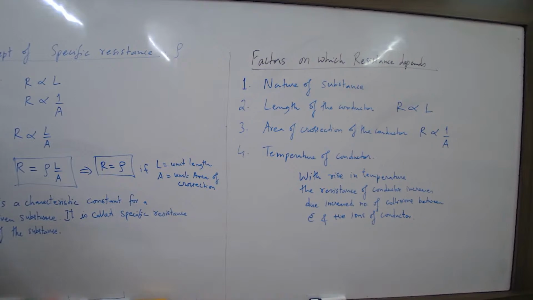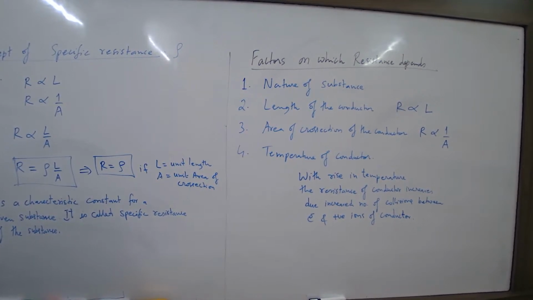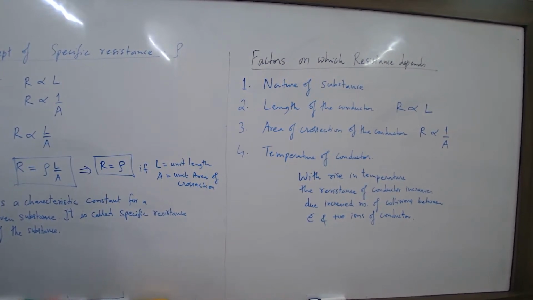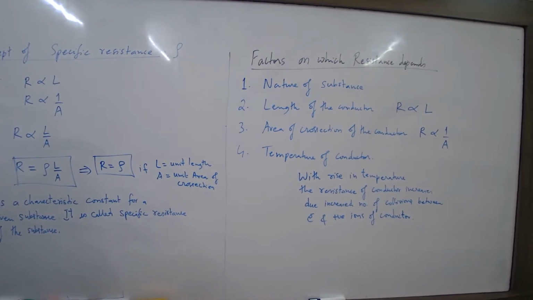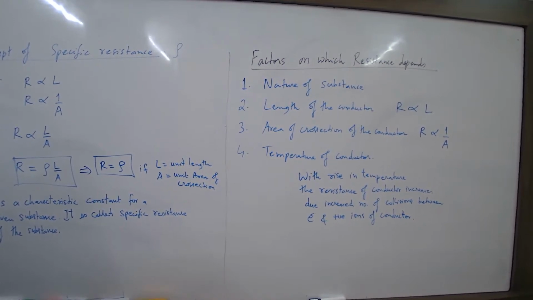Got it? So there is a chart given in your book for various substances. Specific resistance of some substances at 20 degrees Celsius. So many of them. Now each conductor has been provided with a definite value of specific resistance. So you will see for metals it is less. For insulators it is very high.